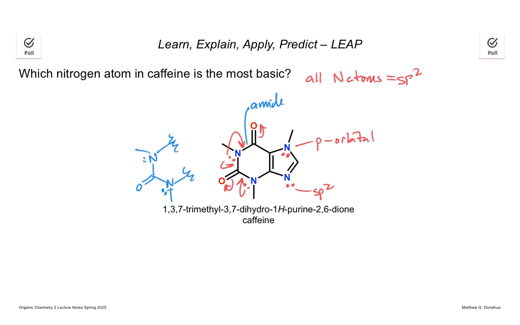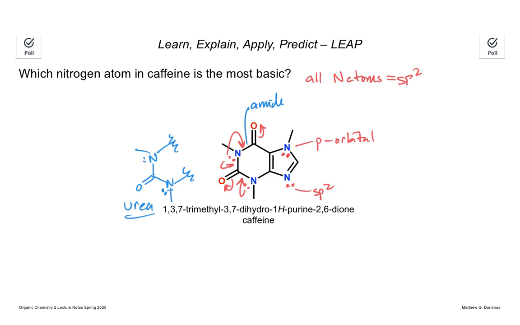that center carbonyl group, does anyone know what that's called? Azide is N3. This is called a urea. So you have this basically urea type functional group.